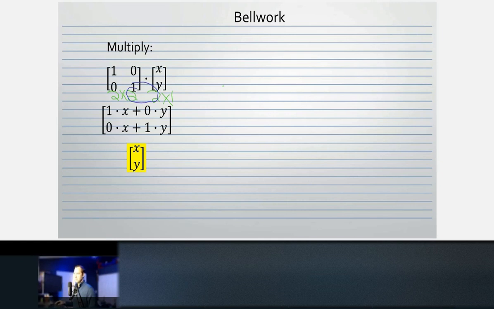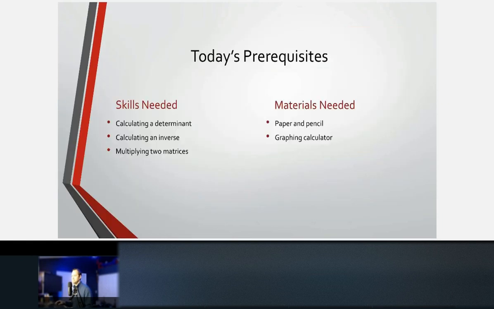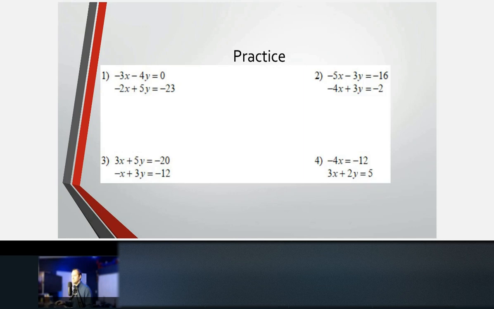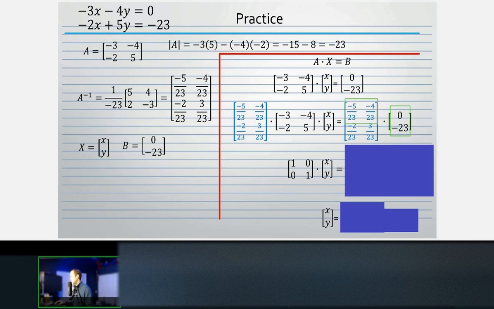And then the answer, the 2 by 1, needs to be the same dimensions as this second matrix. So I guess those are the conditions, right? 1, they have to be able to multiply together, and 2, the solution must be the same dimensions as the second matrix dimension. But just for simplicity, then yes, identity matrix is the equivalent of multiplying by 1.